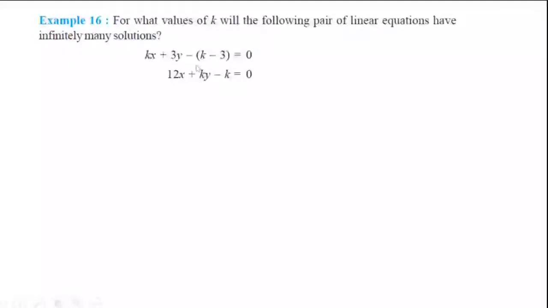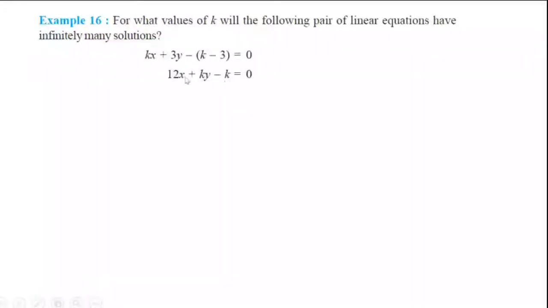Now, if I compare these two equations once again to the general form of the linear equations in two variables, a1x plus b1y plus c1 equal to 0 and a2x plus b2y plus c2 equal to 0, I get a1 equal to k, b1 equal to 3, c1 equal to minus k minus 3. Similarly, a2 will be equal to 12, b2 will be equal to k, and c2 will be equal to minus k.